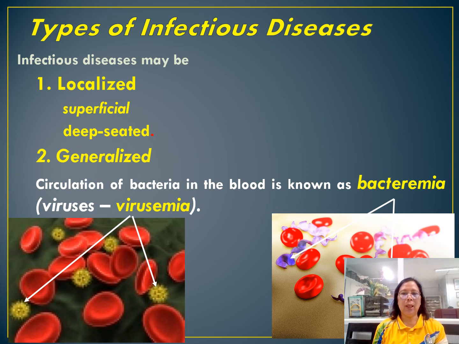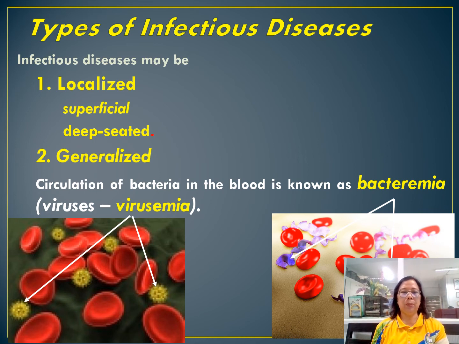But with generalized, the bacteria or the microorganism had circulated nearly in all parts of the body, especially if it involves the blood, the bones, no?